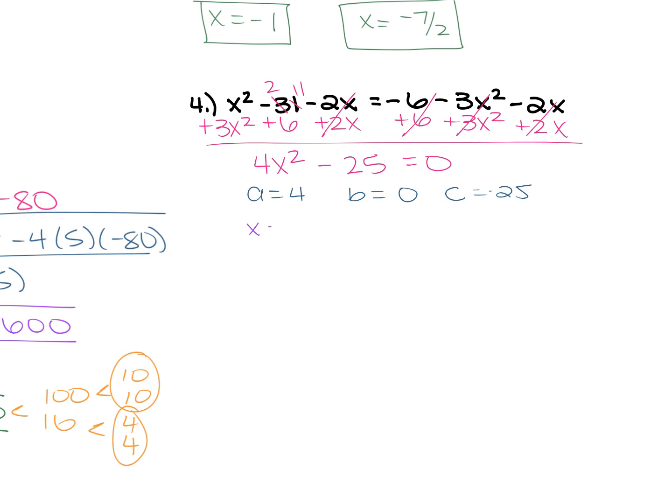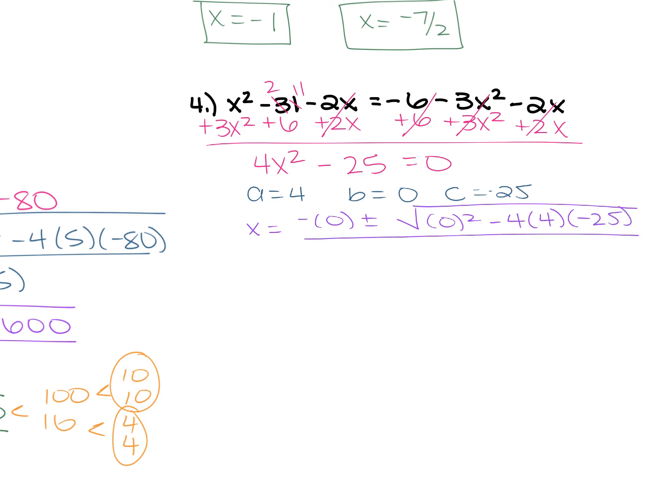So in your quadratic formula, you're going to have the opposite of 0 plus or minus the square root of 0 squared minus 4 times negative 25 all over 2 times 4. Underneath that radical, you are going to have 0 plus the 4 times 25 gives you 100, times 4 is 400. And that's all over 8.